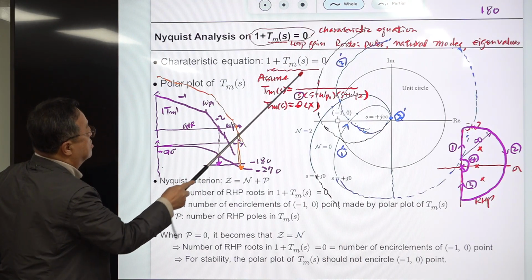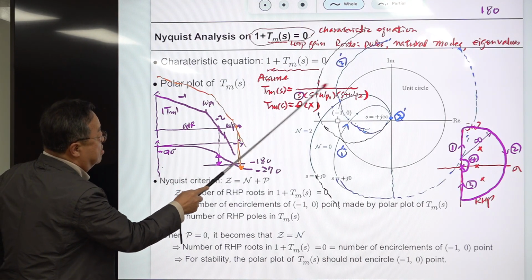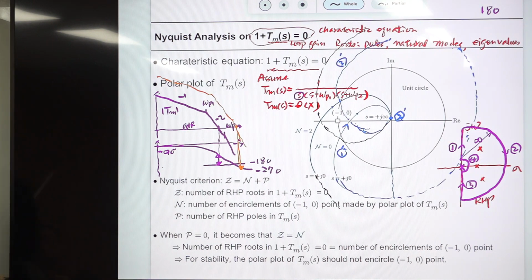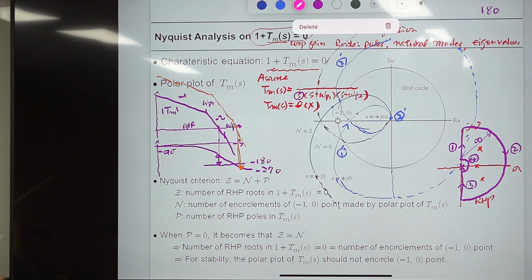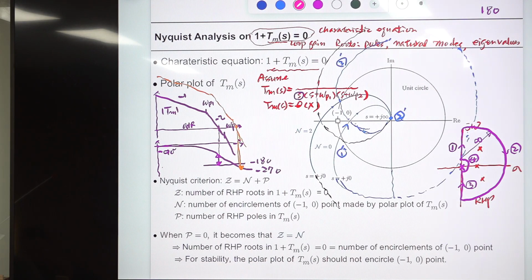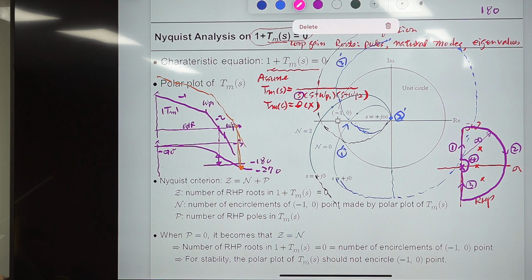Assume this T(s) is given by this. This is the time constant form, but it's better to use another form. So I need to modify here. Sorry for this. I need to change color here.